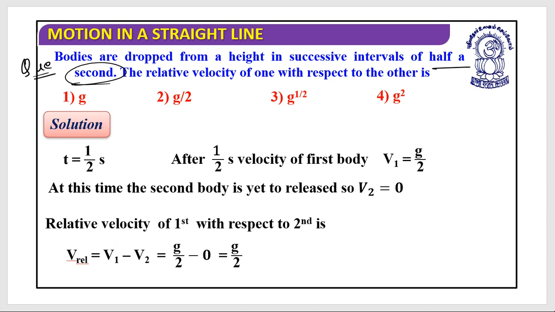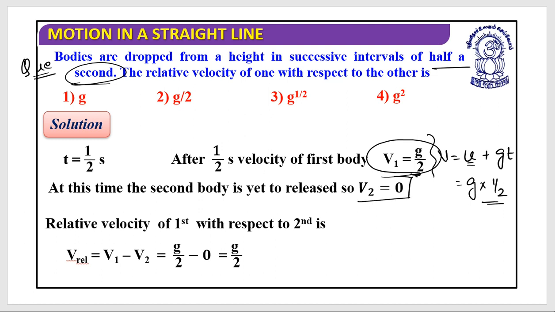So what you can write is one relation which gives me v is equal to u plus gt. So for the first ball, u equals 0 and g into time, which is half, so this velocity would be g by 2. Now at this time the second ball is just being ready to be dropped.